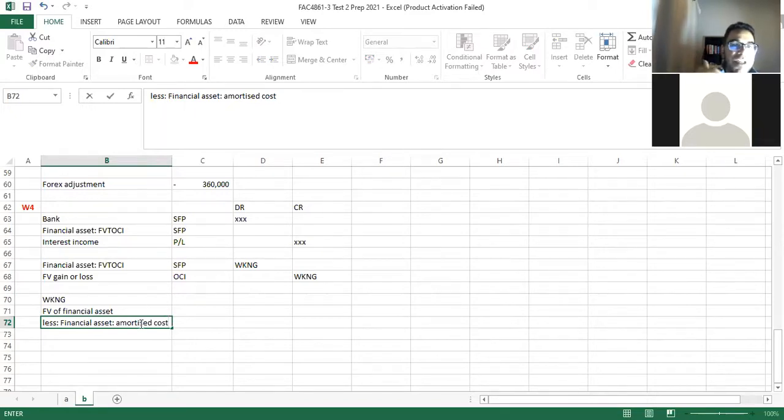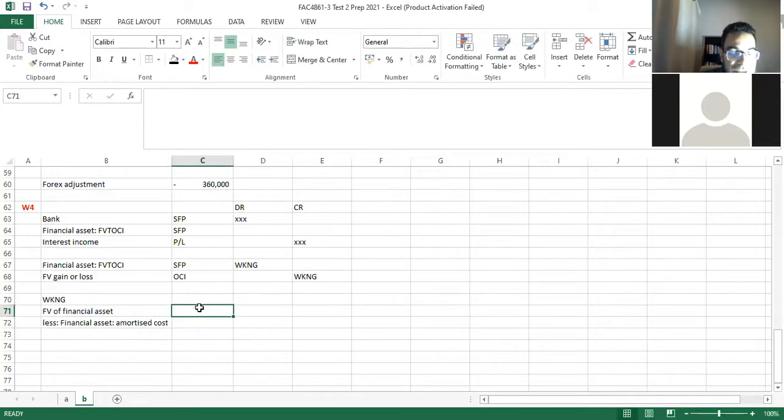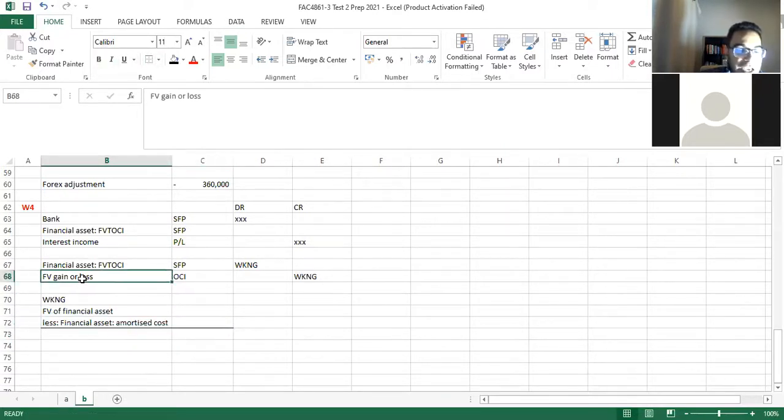So remember, the financial asset, the fair value amount was given to us as 2.5. So you would say 2.5. You compare it to the financial asset at amortized cost, and this difference would be your fair value gain or loss. Okay, so just take note of that.